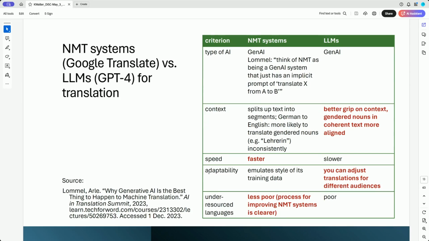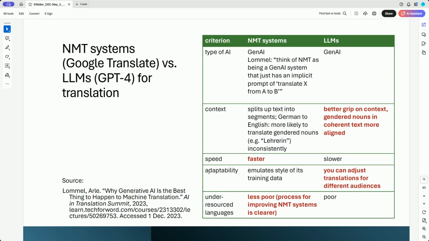NMT systems are quite significantly faster to date at translating. On the other hand, large language models are better at adjusting translations to different audiences. This is something you can't do with an NMT system quite yet.